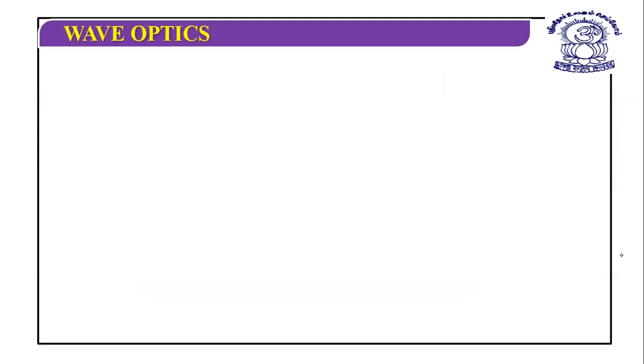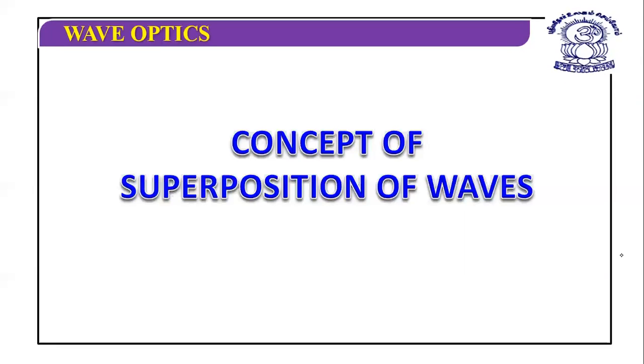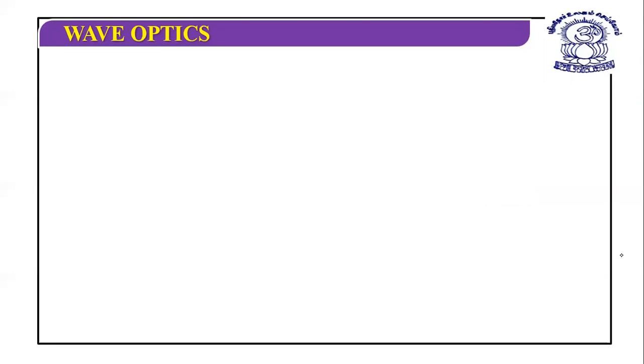We have seen multiple theories of light. There are basically 5 theories of light. One is Newton's corpuscular theory.